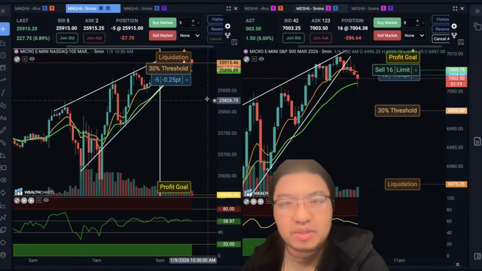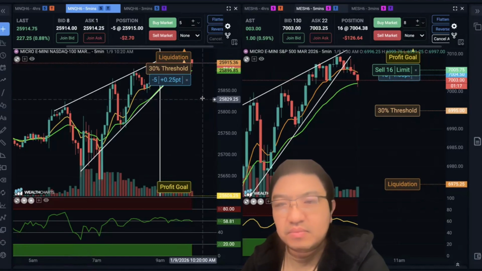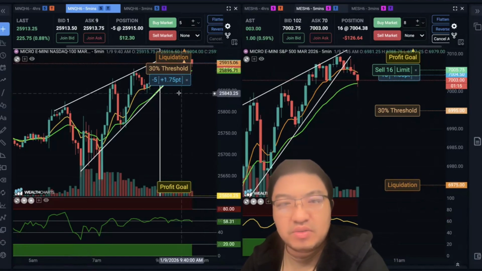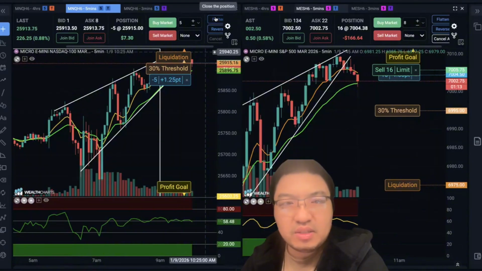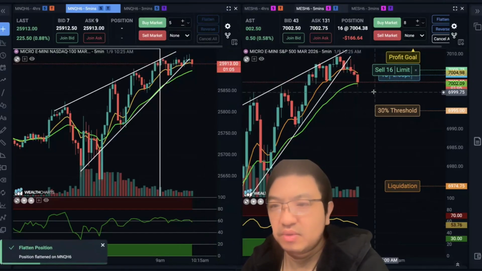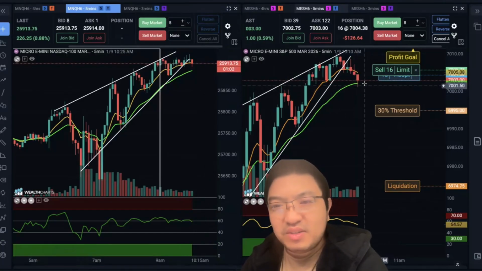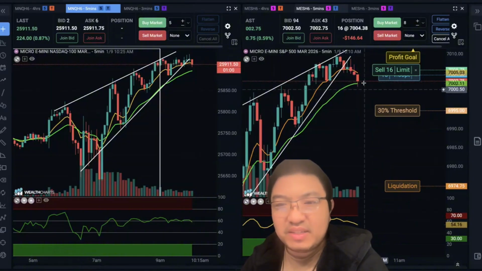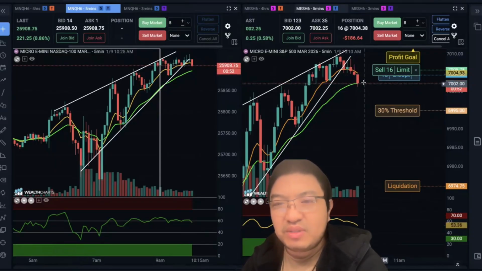Oh, I got triggered. NQ, I got triggered. So it looks like I'm hedging. The feeling is not good. Because I think it's going to bounce back, get defended at EMA 21 and bounce back. So that's why I added my complementary order at EMA 21.